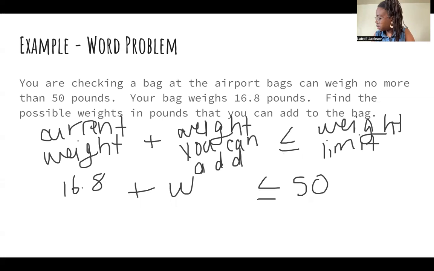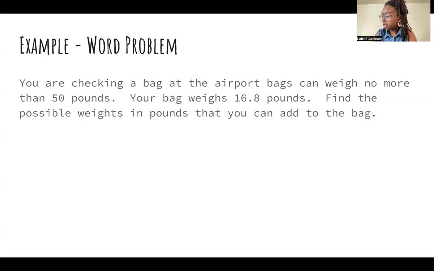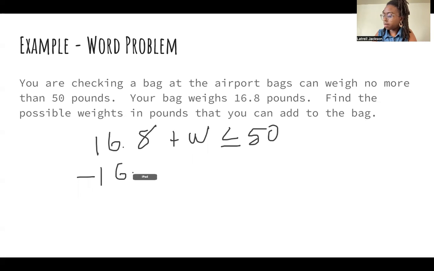So let's clear our screen so that we can work a little bit more. 16.8 plus W is less than or equal to 50. Let's subtract 16.8 on both sides because we want to find out what that weight is that we can add, that W, all right? 16.8 minus 16.8 is 0.